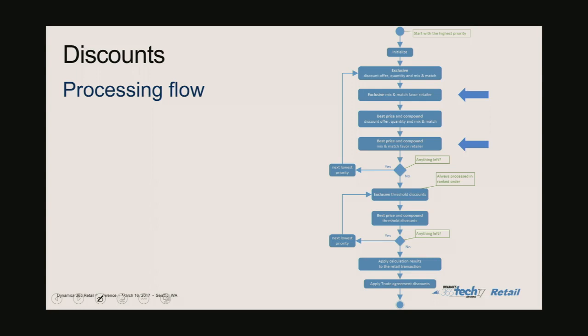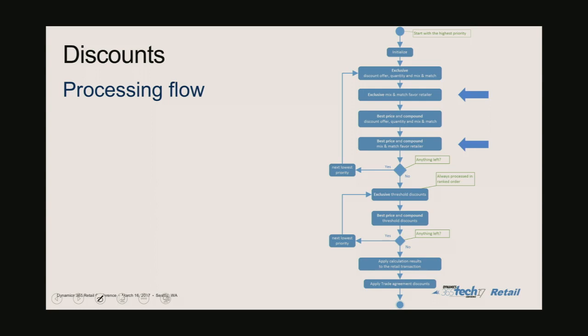The difference there is the old way that we had to do it, the favor customer, will combine the items to give the customer the best deal. The favor retailer will combine the items to give the customer the worst deal, to give the retailer the most savings, right?